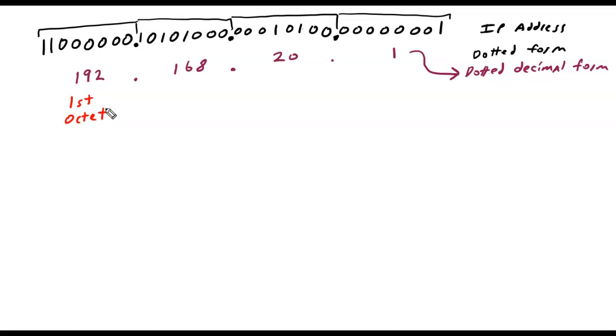That's why we call this an octet. And over here, we have the second octet. And then the third octet. And finally, the fourth octet. All right, now we have a complete IPv4 address in dotted decimal form showing the 4 octets.